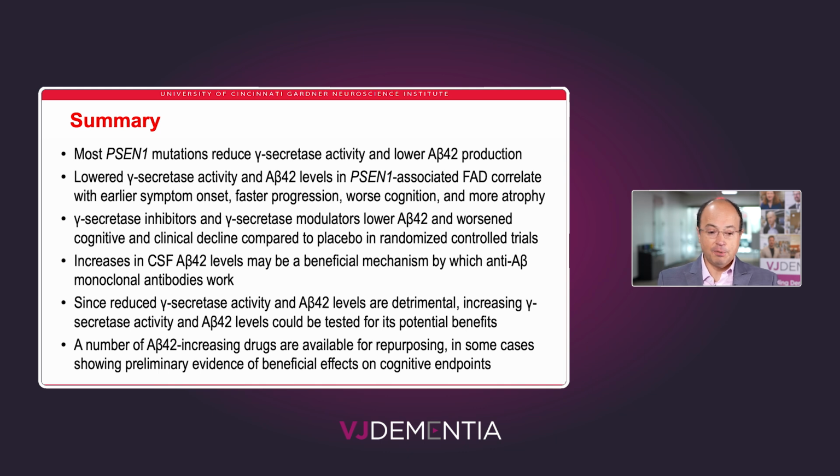That gamma-secretase inhibitors and modulators lower A-beta-42 and worsen cognitive decline compared to placebo in randomized clinical trials. That increases in A-beta-42 may in fact be the mechanism by which anti-A-beta monoclonal antibodies work.